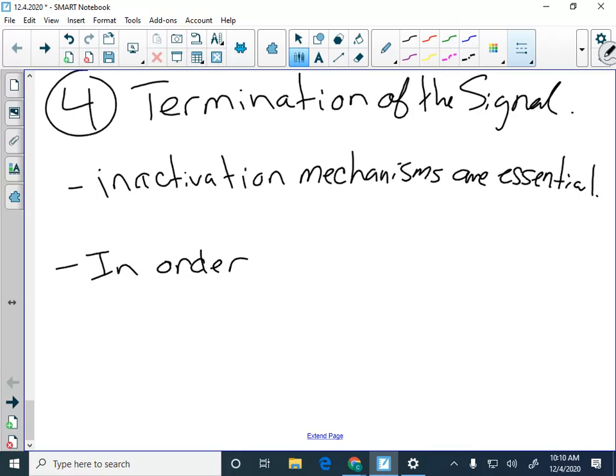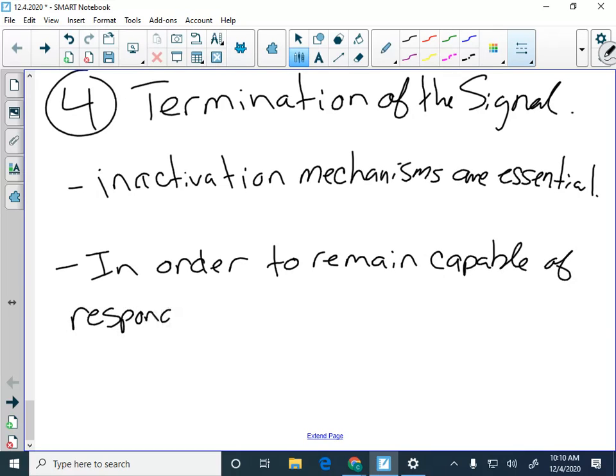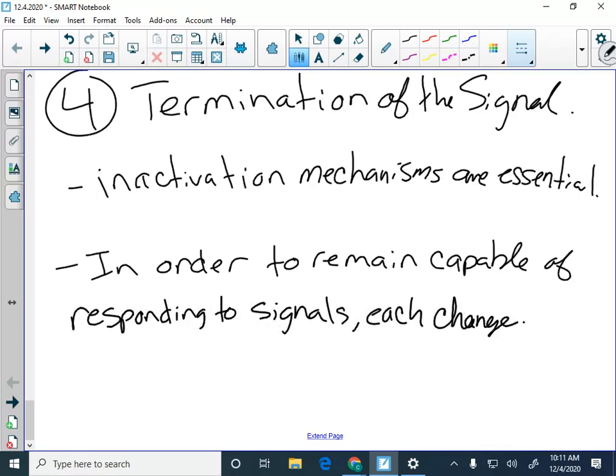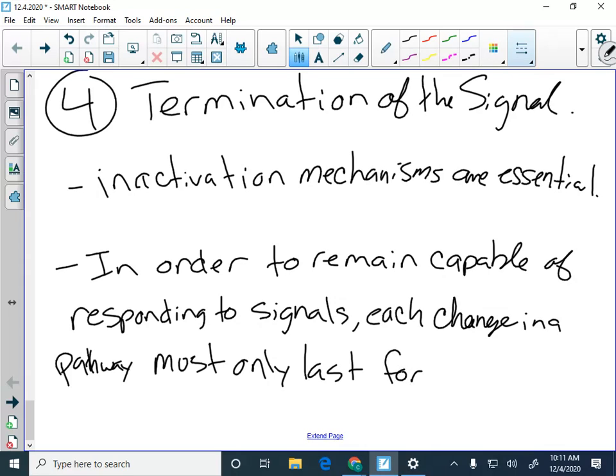In order to remain capable of responding to signals, each change in a pathway must only last for a short time.